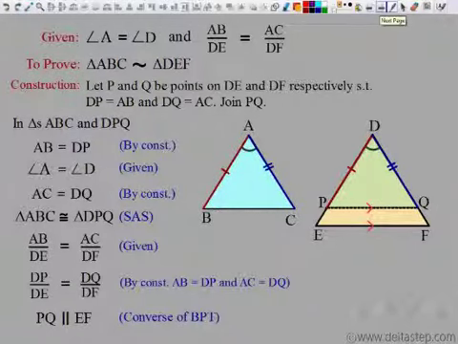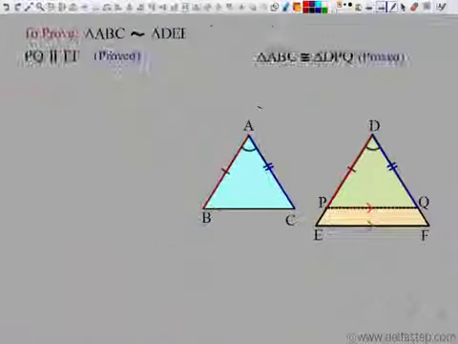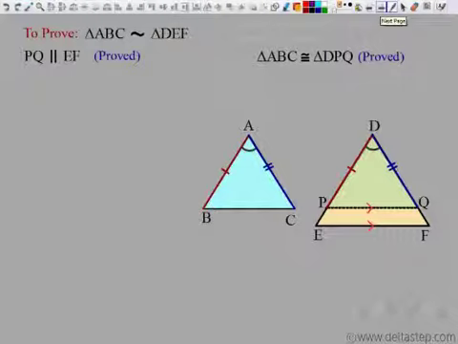So by converse of BPT, I have that PQ is parallel to EF. So now we want to prove that ABC, this smaller triangle, is actually similar to the larger triangle here, DEF. I already know, I have proved this, that these two triangles, ABC and DPQ, are congruent. I've also proved that PQ is parallel to EF.